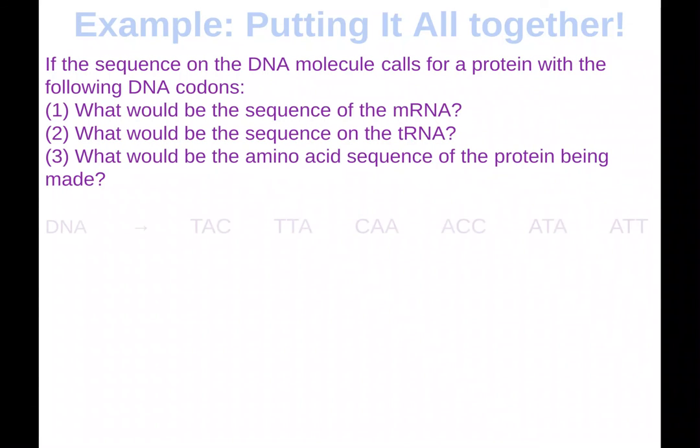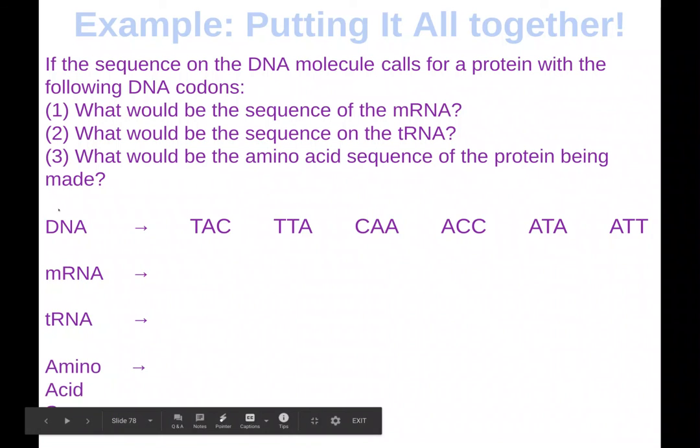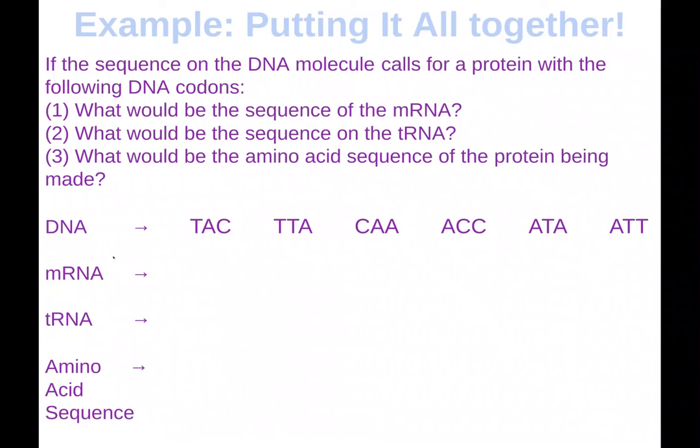So if we put this all together, we start off with DNA, sets of 3 bases, then those get read and transcribed into mRNA. So T gets transcribed into an A. A instead of T turns into a U, C, and G. T, A, T, A, and A, U. And so we read the pairs and decode them.